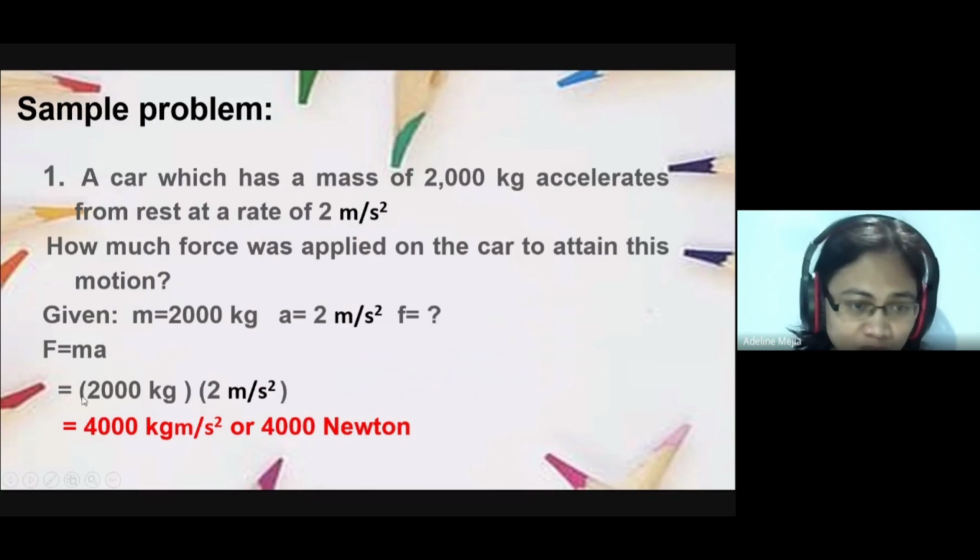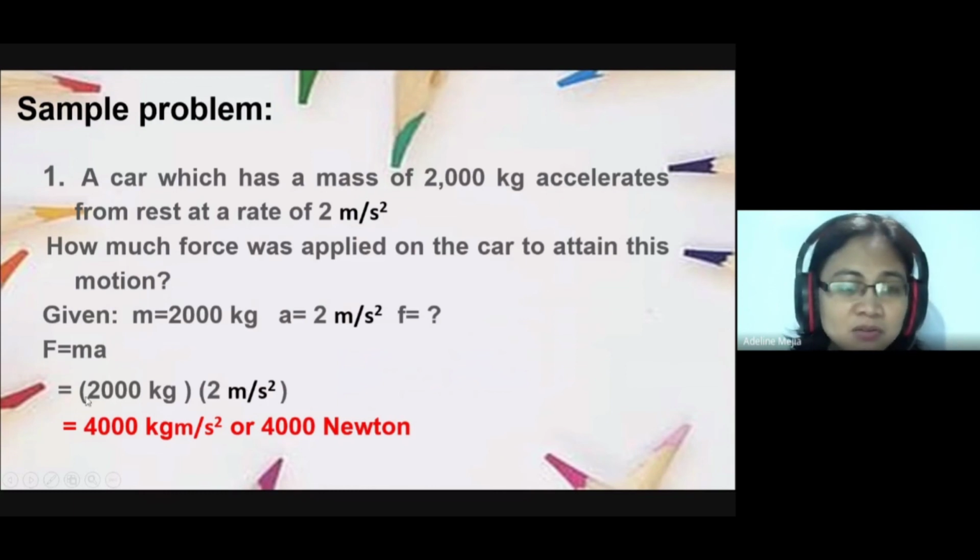We substitute the given mass, 2,000 kilogram, multiplied by 2 meter per second squared, which is equal to 4,000 kilogram meter per second squared or 4,000 Newton. Now the force applied to the car to attain the 2 meter per second squared is 4,000 Newton. Did you get it?